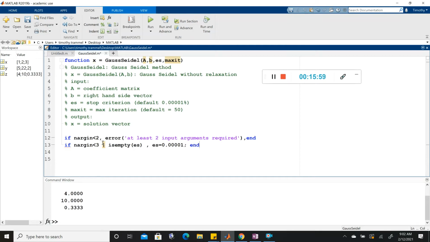And then if nargin is less than 4, or if maxit is empty, then we'd want to set that default at 50, okay, and end that. And next, we want to take a look at the size of the matrix A.